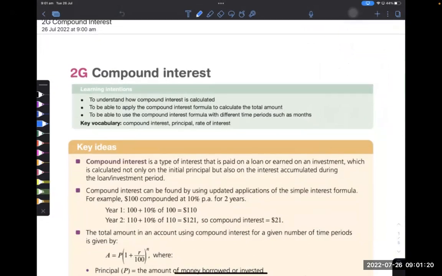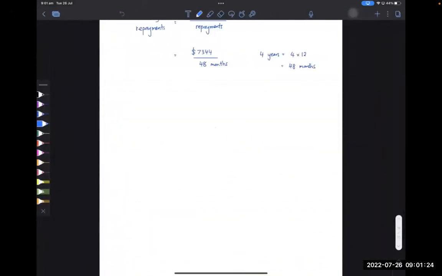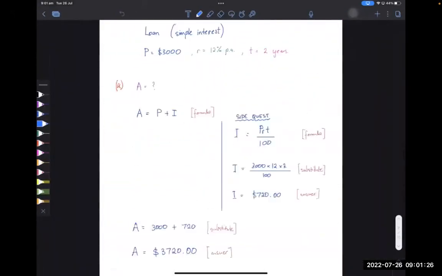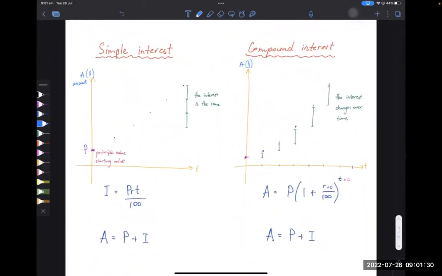So far we've covered stuff about simple interest. So when we talk about simple interest, if we have a look at a graph here, here's an axis of how much the amount is. So how much money you've put in and how much money is, let's say, in your bank account, right?